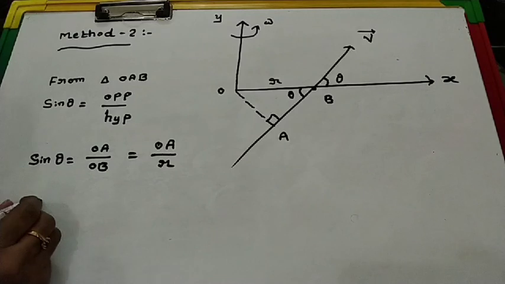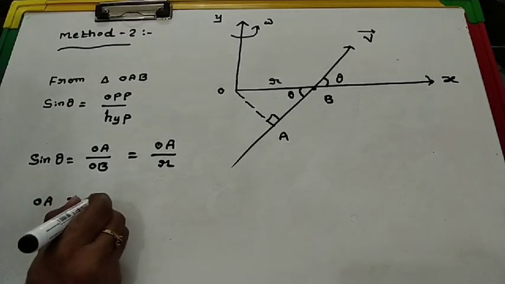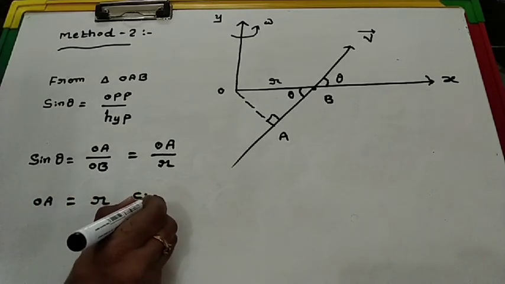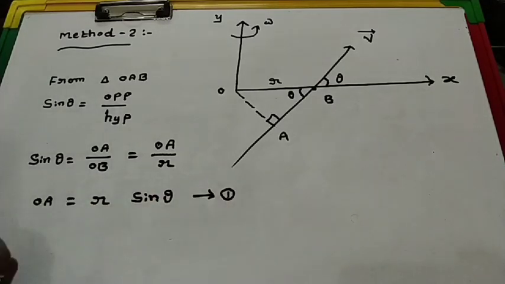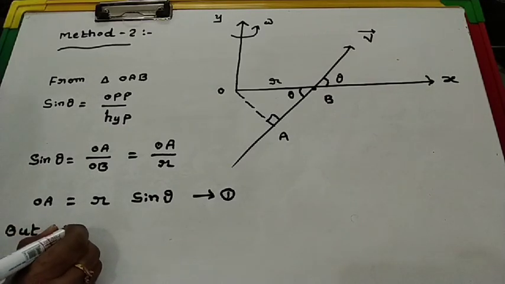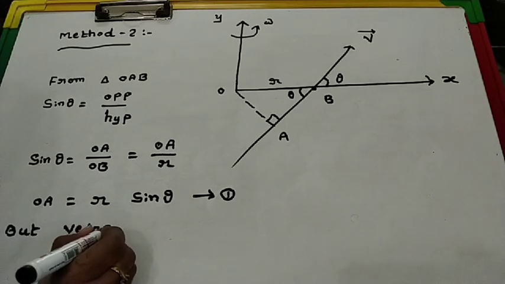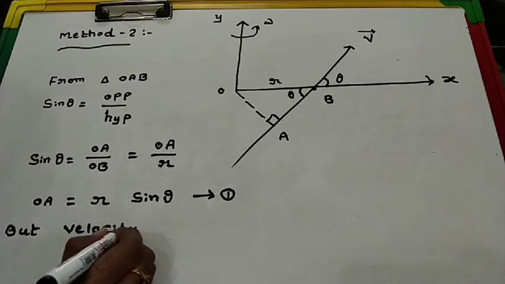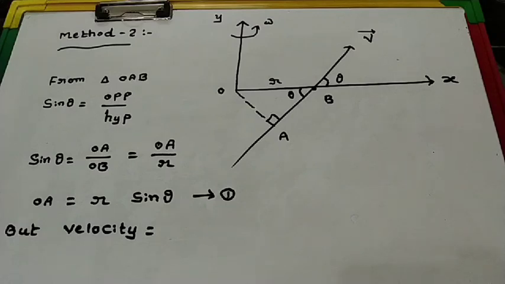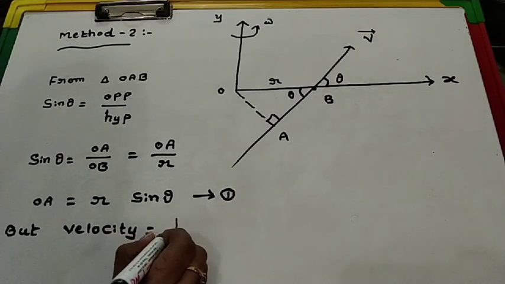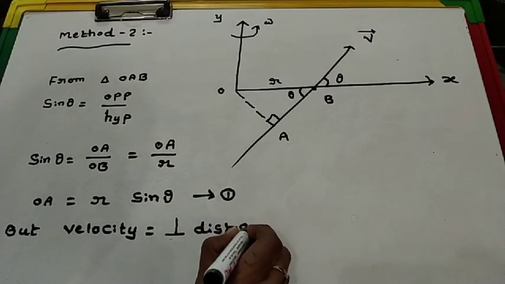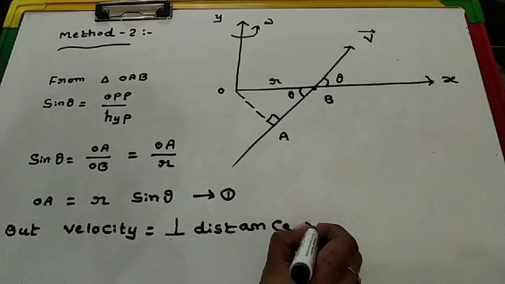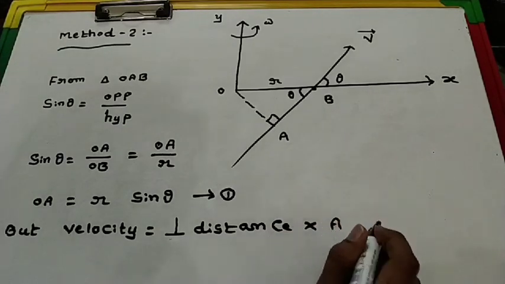R. So OA is equal to R sin theta. Consider equation number 1. But velocity is equal to perpendicular distance into angular velocity.